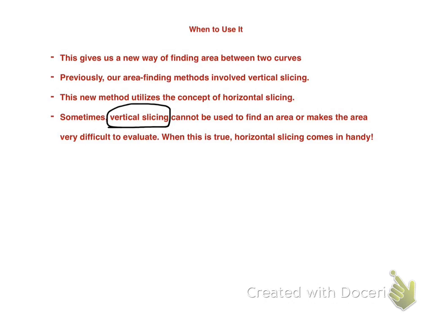However, it's just another option, because there will be times when vertical slicing cannot be used to find an area, or vertical slicing makes the area very difficult to evaluate, and in those instances, horizontal slicing comes in handy. And so it's useful to know how to do both vertical slicing and horizontal slicing.